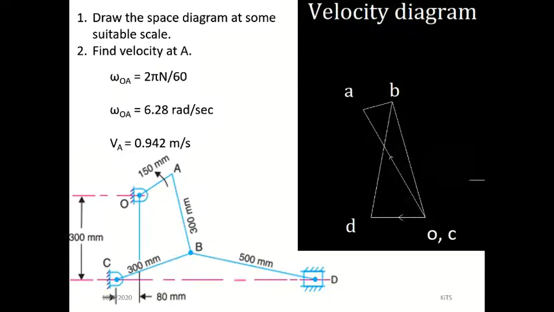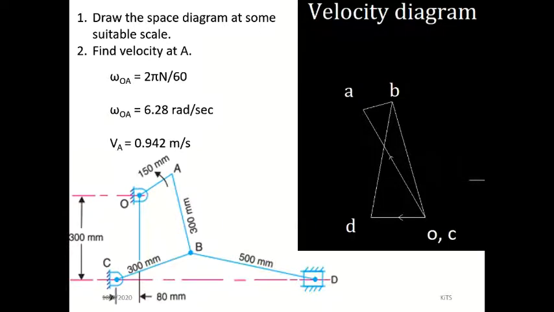Perpendicular line for this link will be the velocity line of A. It might be in any direction, up or down. We don't know that. After finding the answer only, we will know about it.